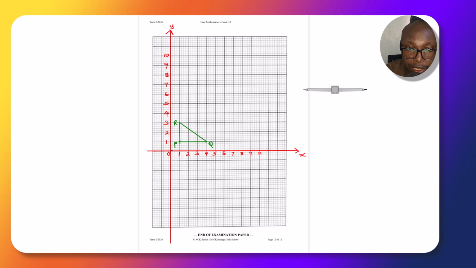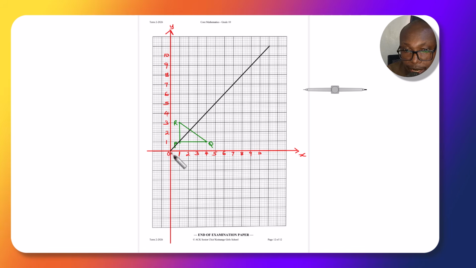So we start with P. Join that using a straight line. Take a ruler. So from the origin, that is from (0, 0), join that using a straight line like that. And then you can now get the distance to get the image of P from the center.